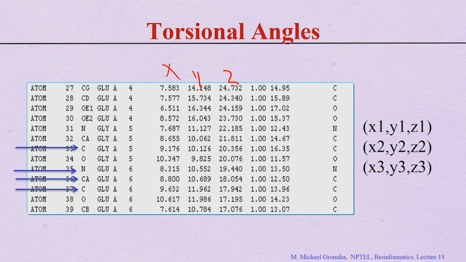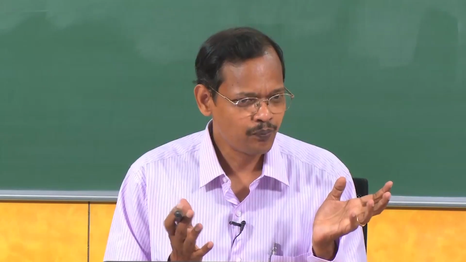If we have the x, y, z coordinates, take 4 atoms, for example C, N, C alpha, C. For the first one we have x1, y1, z1, the second x2, y2, z2 and this one x3, y3, z3. If you have 3 atoms, can you make the equation of a plane? They can form a plane.